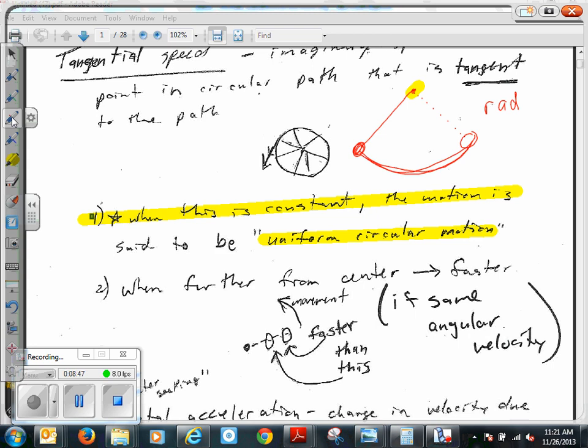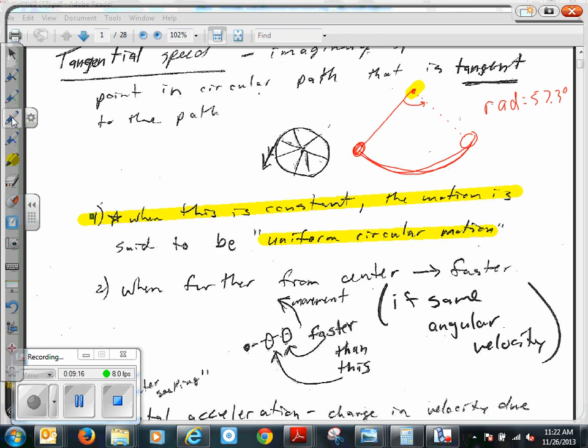Do you know what a rad is? It's a radian. How many rads are in one circle? 2 pi. So there's 2 pi rads. It's just a way of measuring angles. There are approximately 57.3 degrees per rad.